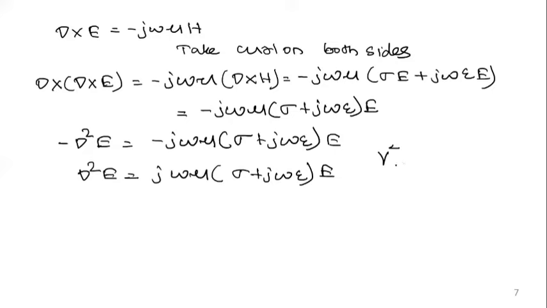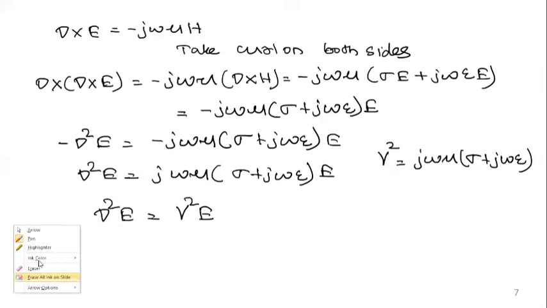And now listen carefully. We'll consider gamma square equal to j omega mu into sigma plus j omega epsilon, which updates our equation to del square E is equal to gamma square E.